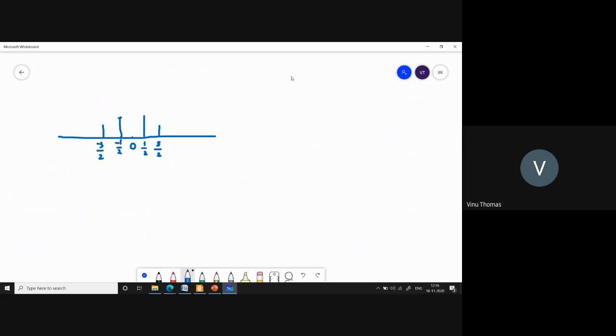Say for example, I might have a filter as shown here, 3, 4, 4, 3. Maybe this is my original filter, which is a causal filter, and this is where I would be having my origin. I'm going to make this as follows.